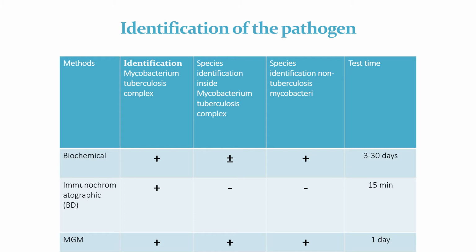For the immunochromatographic method, identification of Mycobacterium tuberculosis complex, yes. Species identification inside Mycobacterium tuberculosis complex and of non-tuberculosis Mycobacteria are no. Test time is about 15 minutes.